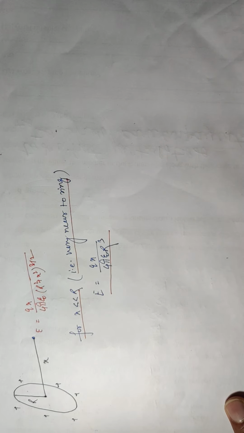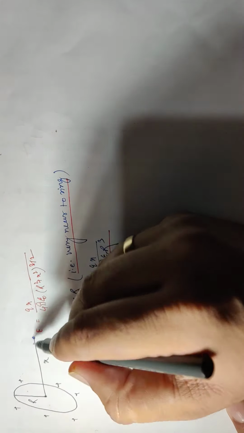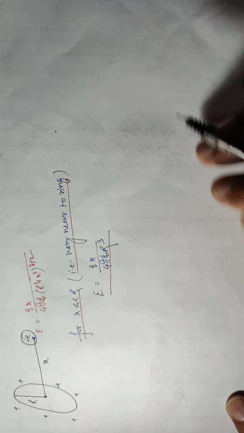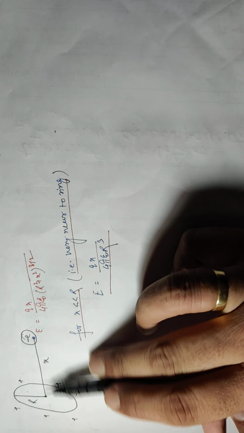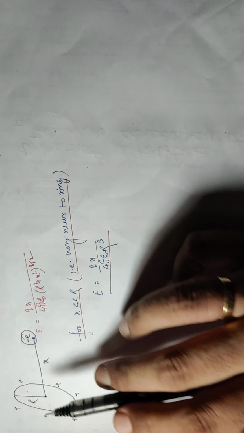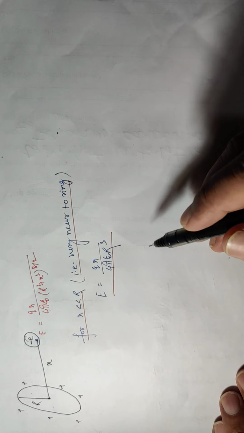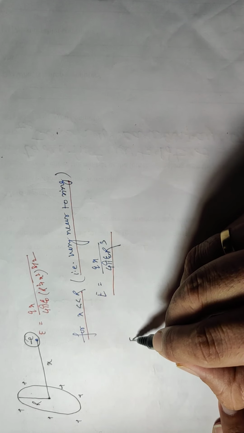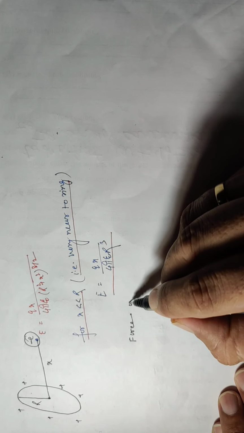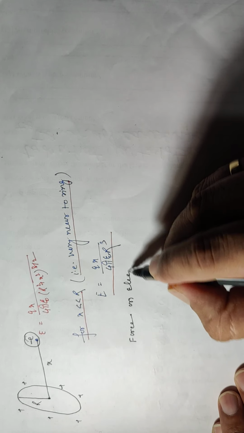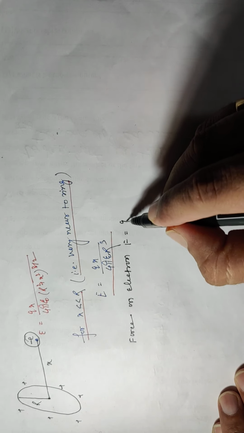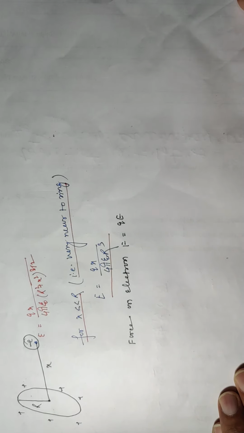Now suppose an electron is placed very close to the center on the axis of a positively charged ring. Now what will happen? This electron will experience a force. The force on any charged particle is q times the field at that point.